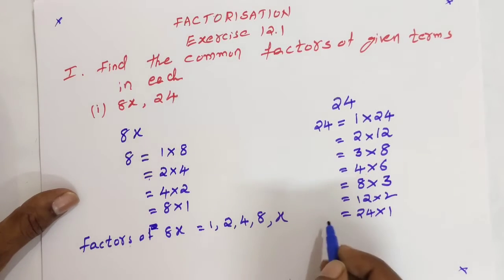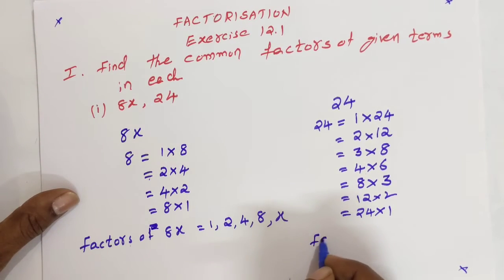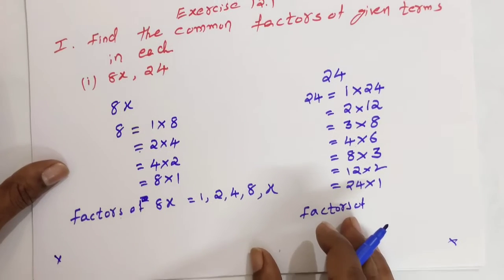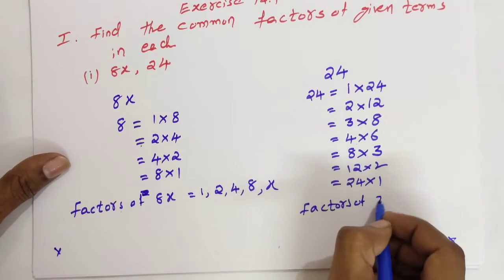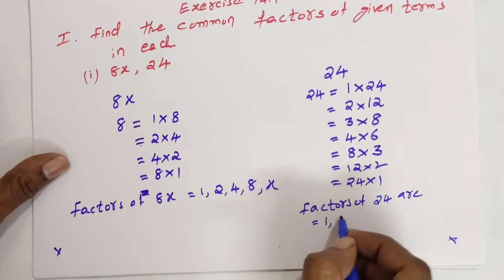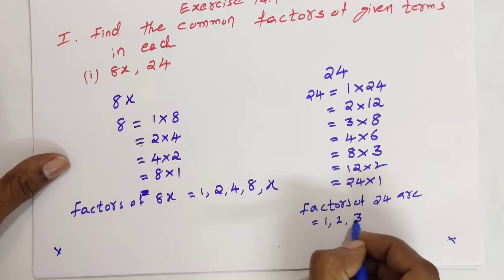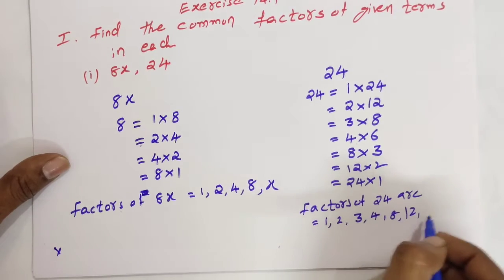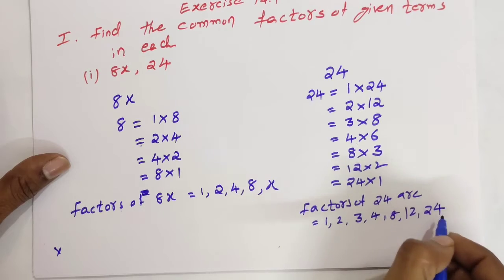Now the factors of 24 are simply 1, 2, 3, 4, 6, 8, 12, 24.